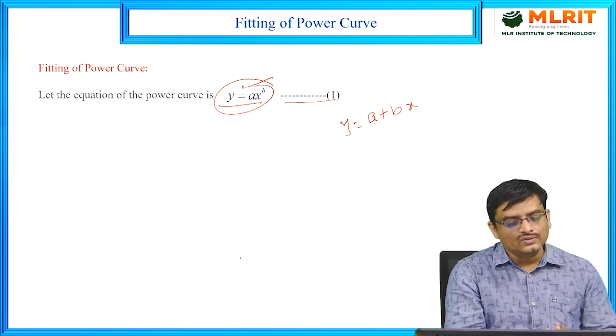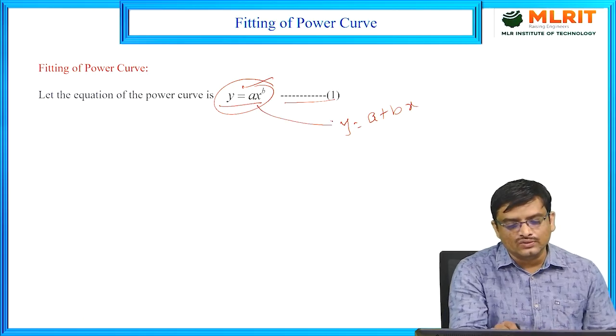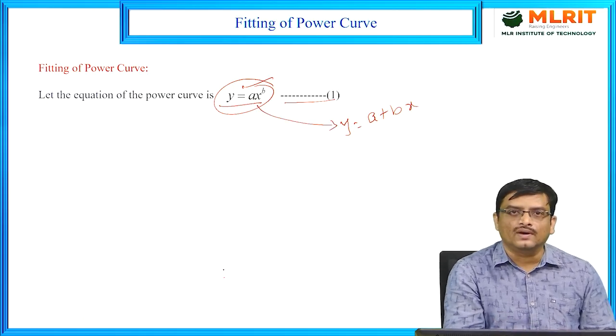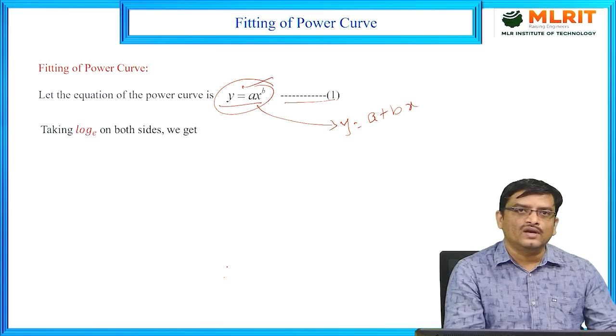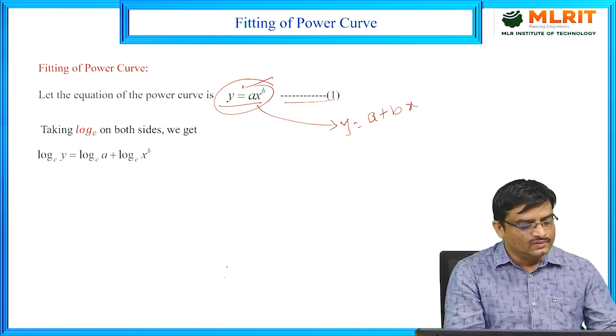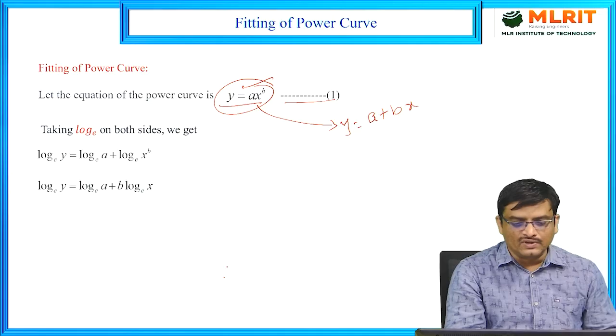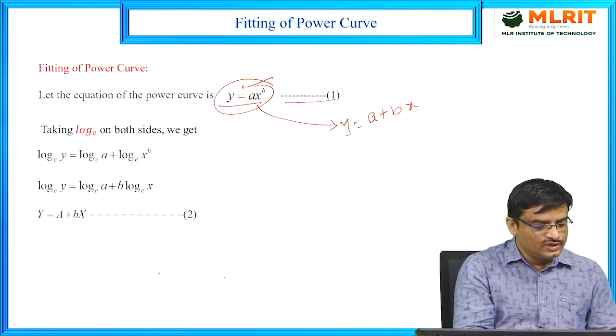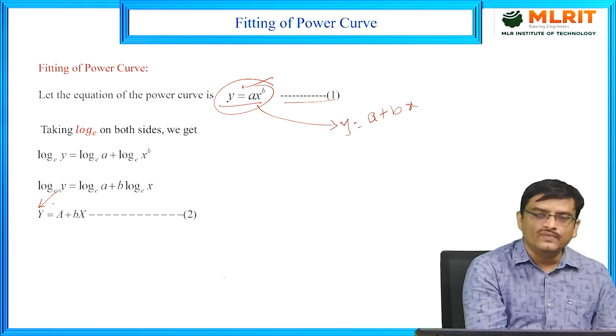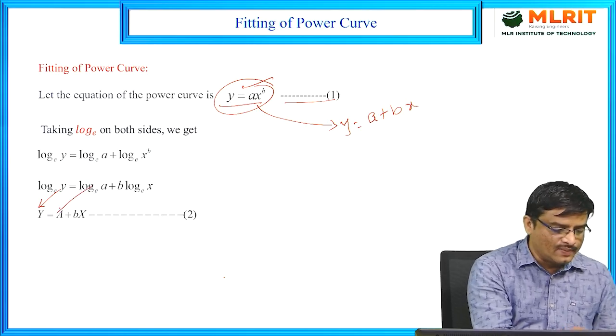because for this power curve also we don't have any standard normal equations. So if we want to get normal equations for this, we have to convert this into the standard straight line form. Now follow the same procedure, apply log on both sides and then get the final equation of the type y is equal to a plus bx. So log y, you represent with capital Y, log a with capital A, and small b keep as it is.